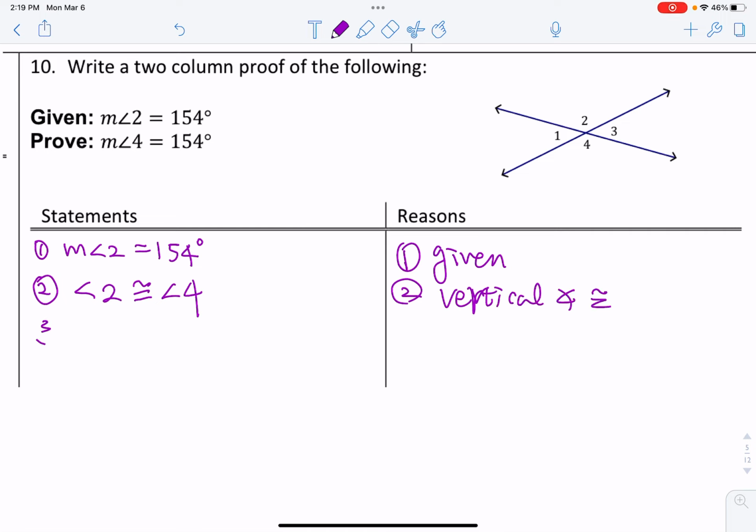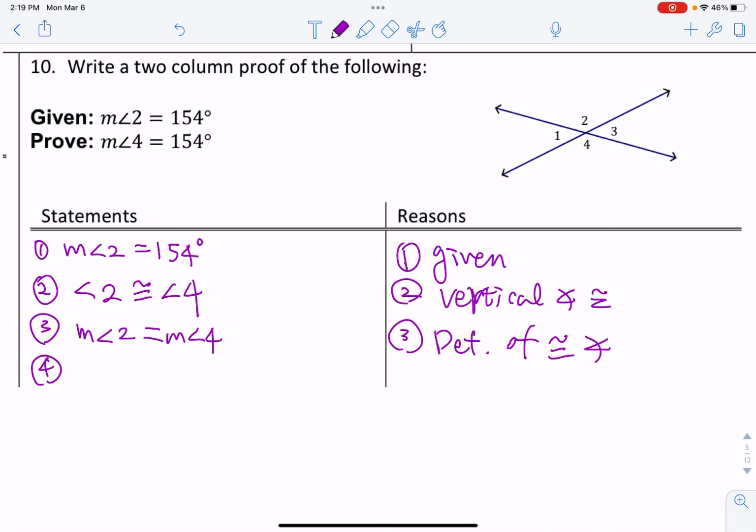And because it's congruent, you can conclude measure of angle 2 equals measure of angle 4 as the definition of congruent angles. And then you can say, since measure of angle 2 is equal to 154 degrees, you can substitute: 154 equals measure of angle 4. You did substitution.